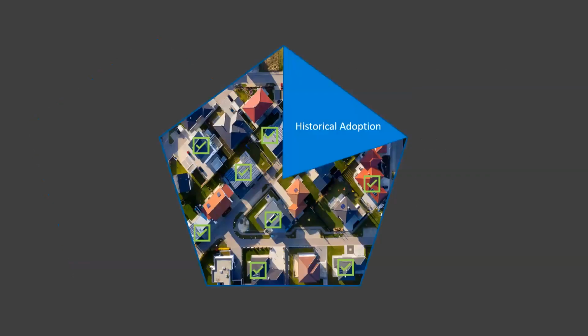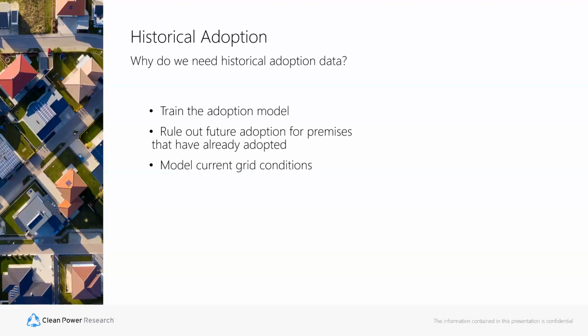All right, so we'll start with historic adoption. CPR does our adoption modeling and essentially uses historical adoption to train the adoption model. So it's a little bit different than the way that dGen works. We use this historical adoption both to train that model, but we also want to rule out future adoption for premises that have already adopted.